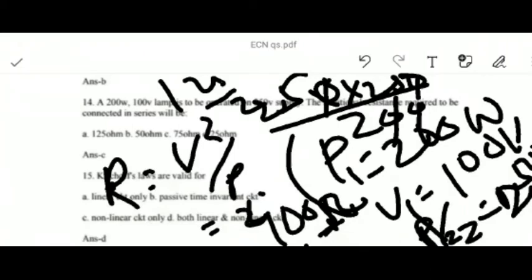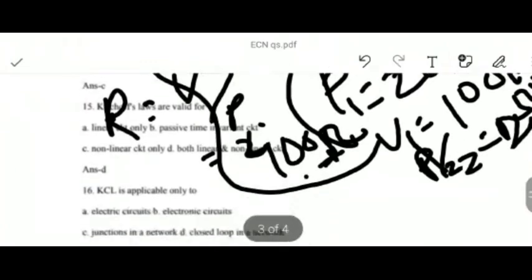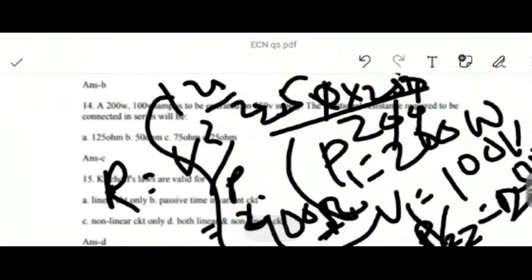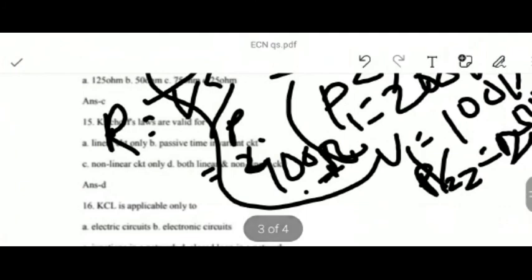If these are connected in series, 125 by 2 and 400 are connected in series. When you connect this in series, R1 plus R2, when you do this, 75 ohm will be the answer. Option C will be the correct answer.